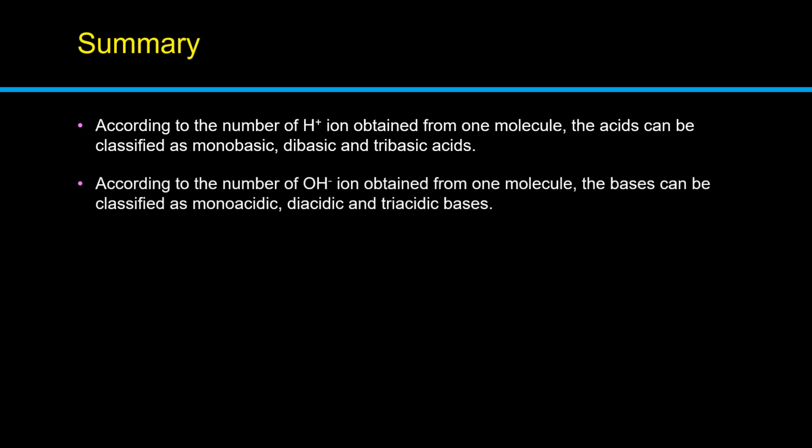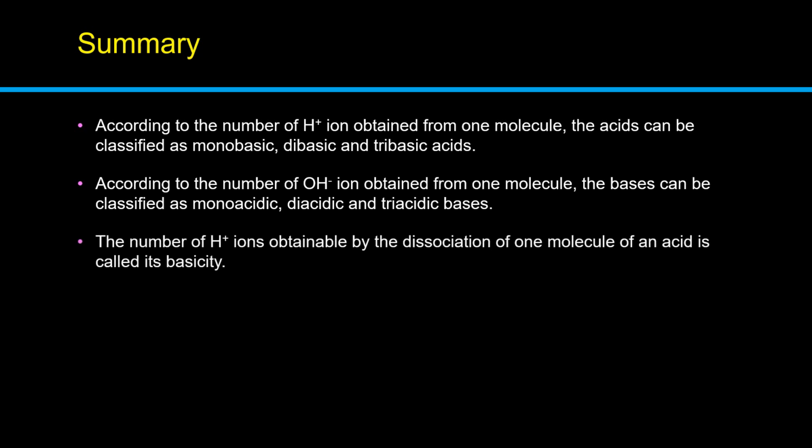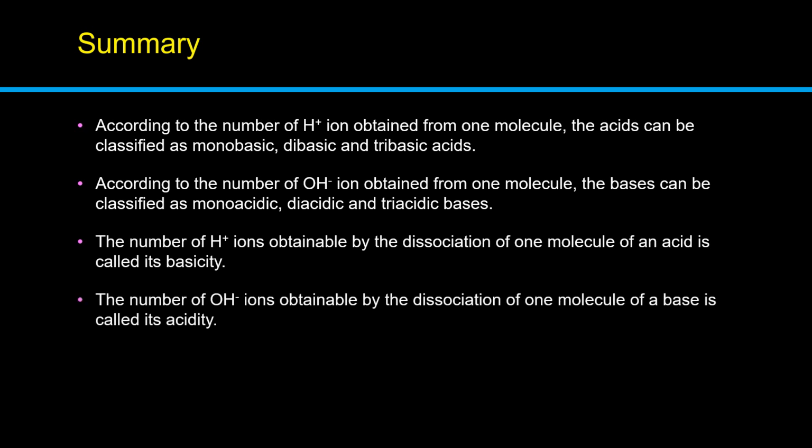According to the number of OH minus ions obtained from one molecule, the bases can be classified as monoacidic, diacidic and triacidic bases. The number of H plus ions obtainable by the dissociation of one molecule of an acid is called basicity, and the number of OH minus ions obtainable by the dissociation of one molecule of a base is called its acidity.